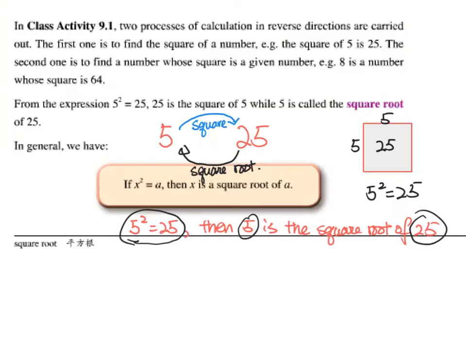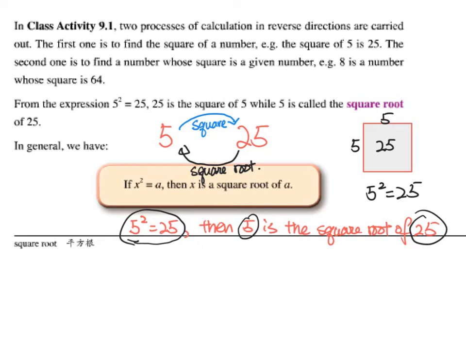What we want to talk about is what square root means. The idea is very simple. If 5 square equals 25, then the square root of 25 is 5.